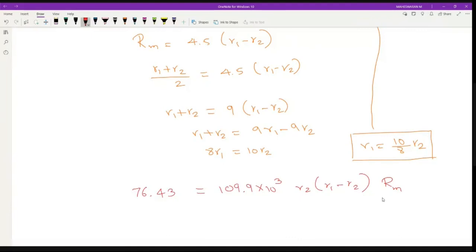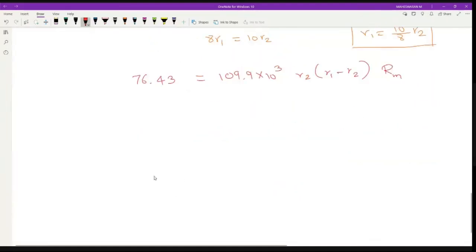Let me check it out. So 76.43 is equal to 109.9 into 10 power 3 into R2 into R1 minus R2. This one is R1 plus R2 divided by 2. This 2, I can write it as R1 minus R2 into R1 plus R2. So what is this?